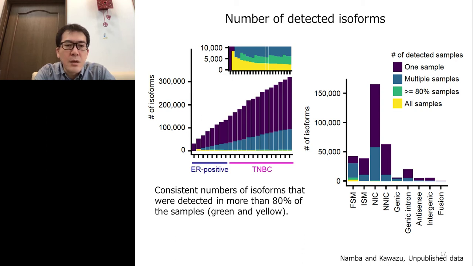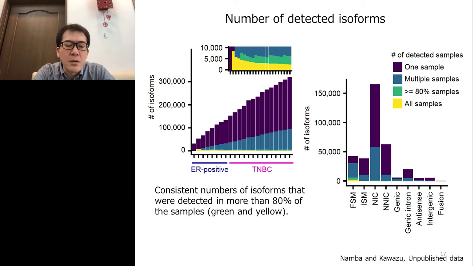As shown in the left graph, although the graph did not reach a plateau, we detected consistent numbers of isoforms that were detected in more than 80% of the samples, as shown in green and yellow. So these data indicate that we were able to detect most of the essential isoforms.